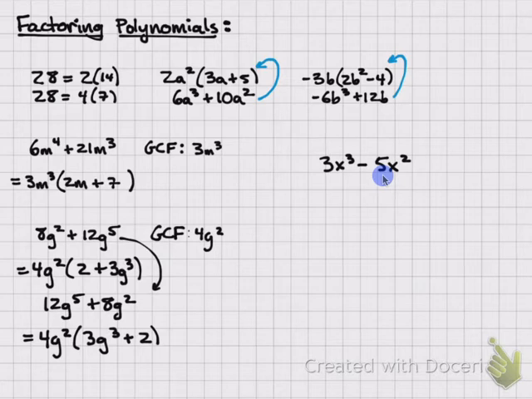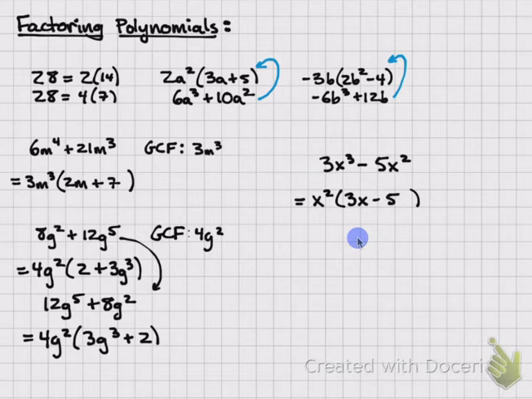So let's look just at the variable terms. X to the third power and x to the second power, their greatest common factor is x to the second. So that means we can rewrite this polynomial as x squared times something, and we'll get this original polynomial. So I think x squared times 3x will give 3x to the third, and I think x squared times negative 5 will give negative 5x squared.